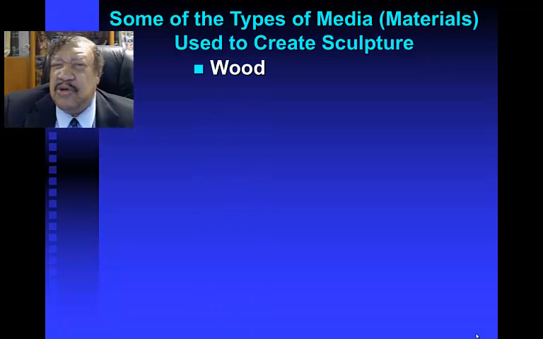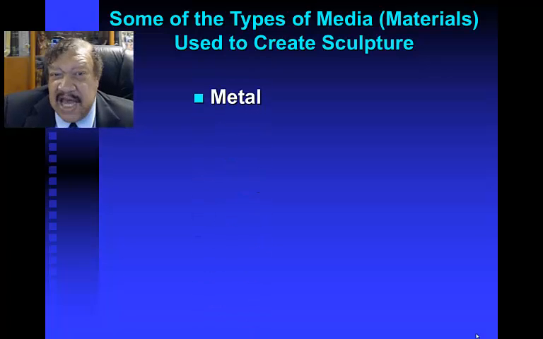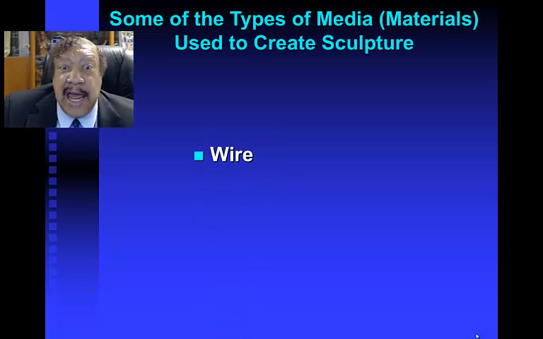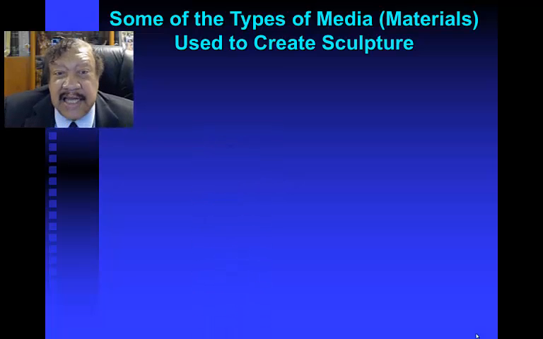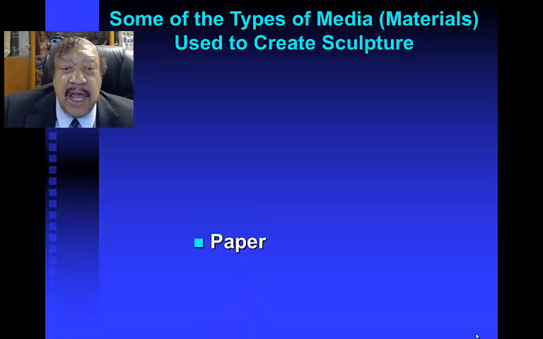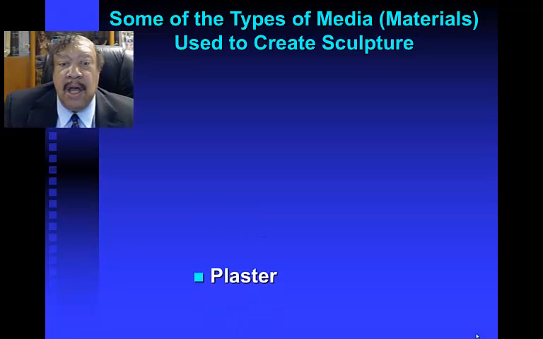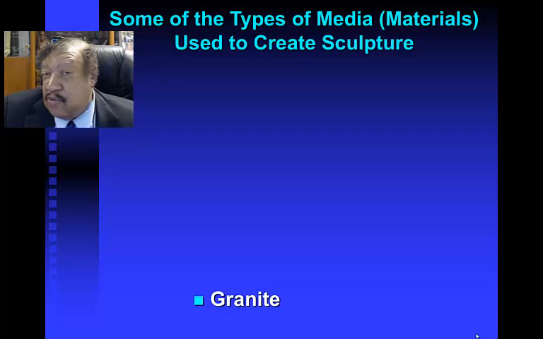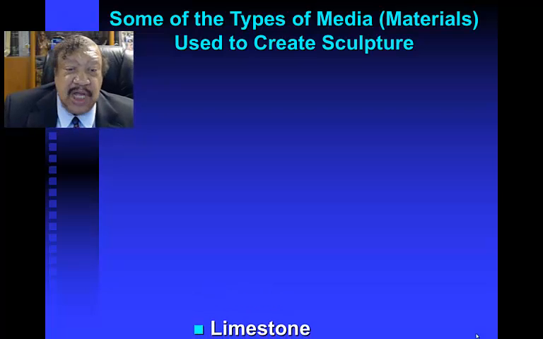When we use materials like wood and metal and marble and wire and glass and steel, paper even, plaster, granite like the Egyptians used, limestone. When we use these materials, there are certain methods in which we create all this sculpture.